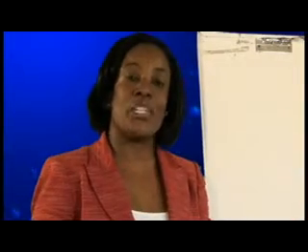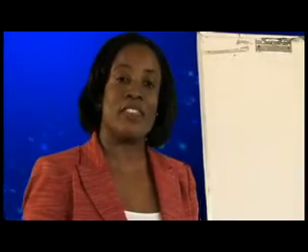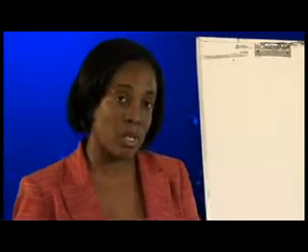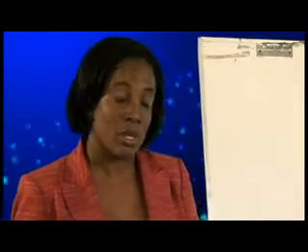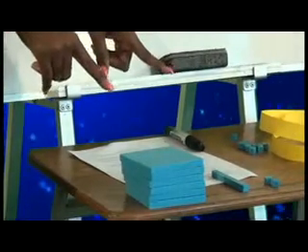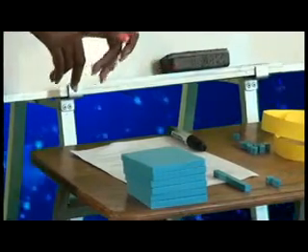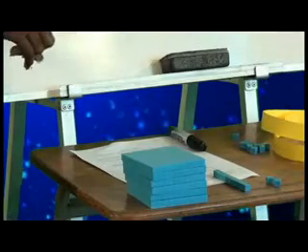Now, students, division can either be the fair share model or the partition model. We're going to be illustrating using the fair share model. So, our 612 will be shared equally among 6 groups.